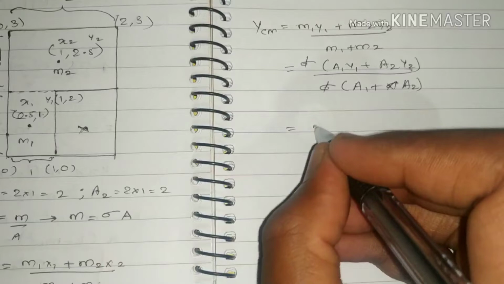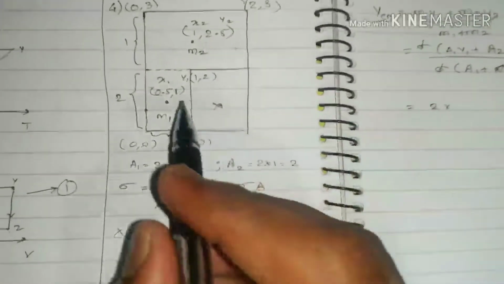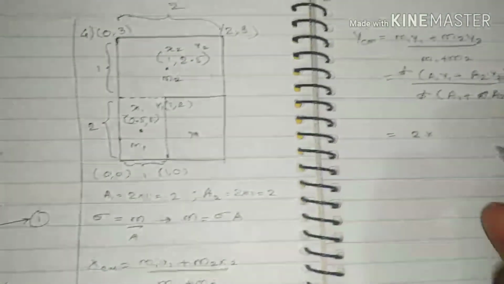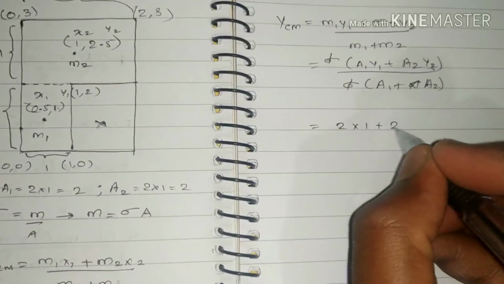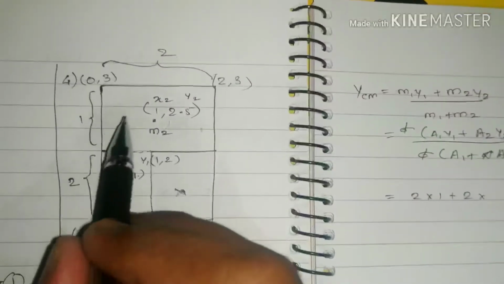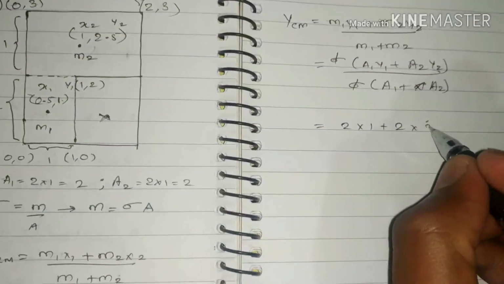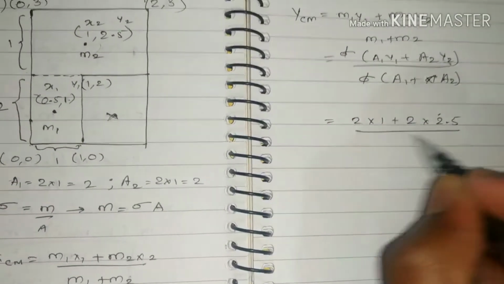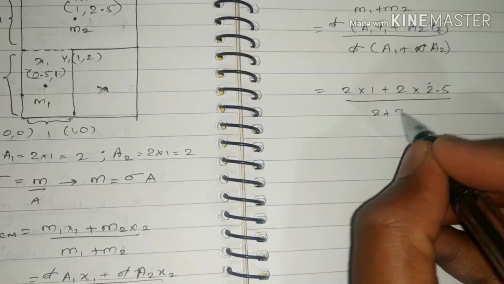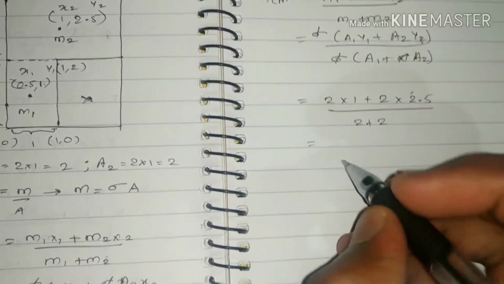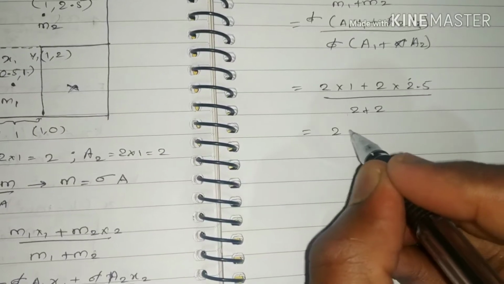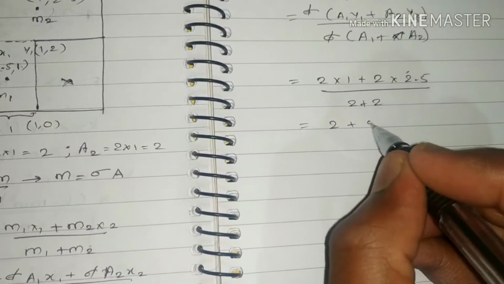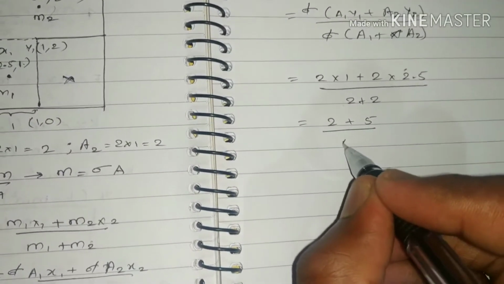Instead of a1 I'll write 2 multiplied by, instead of y1, so y1 is nothing but 1. Instead of a2 I'll write again 2 multiplied by, instead of y2 I'll write 2.5, upon a1 and a2, they are 2 plus 2. Now in this case 2 multiplied by 1 is 2 plus 2 multiplied by 2.5 is 5 upon 2 plus 2 is 4.